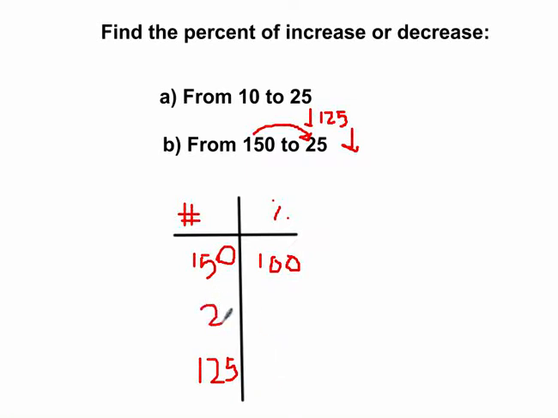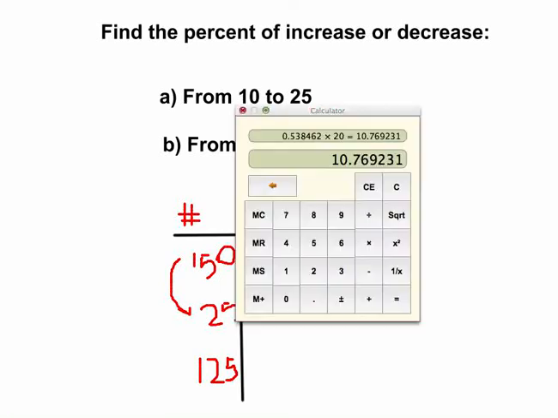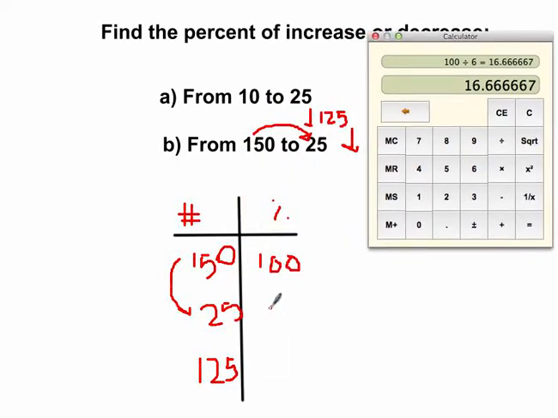To do this, I'm going to stop off at 25 and by dividing by, we divide by 6. So I'm going to do 100 divided by 6. And that's 16.67. And now I'm going to multiply by 5 to get to 125.